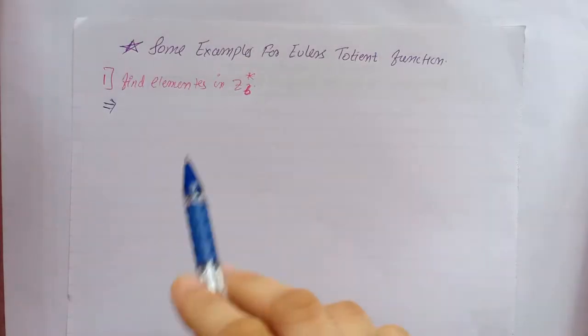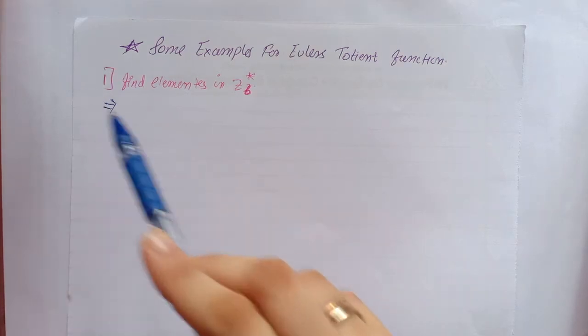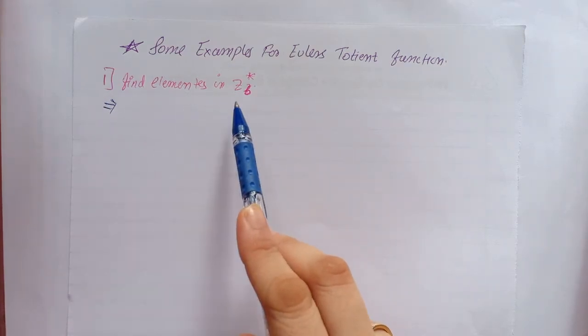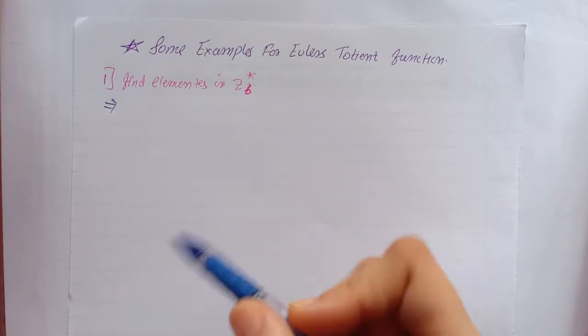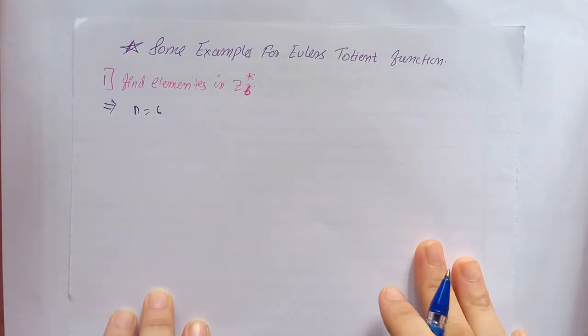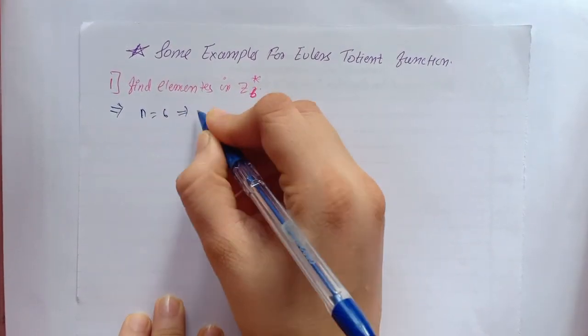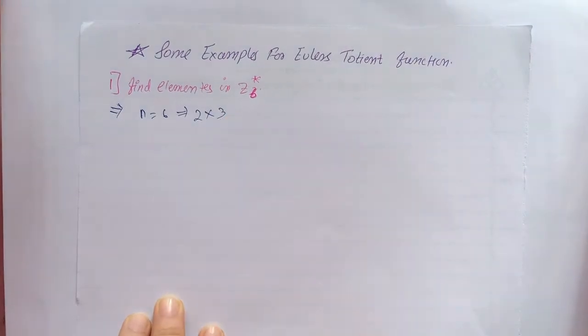Now let us see some examples to understand Euler's totient function. First example: find the elements in Z6 star. Here n is equal to 6. The factors of 6 are 2 into 3.